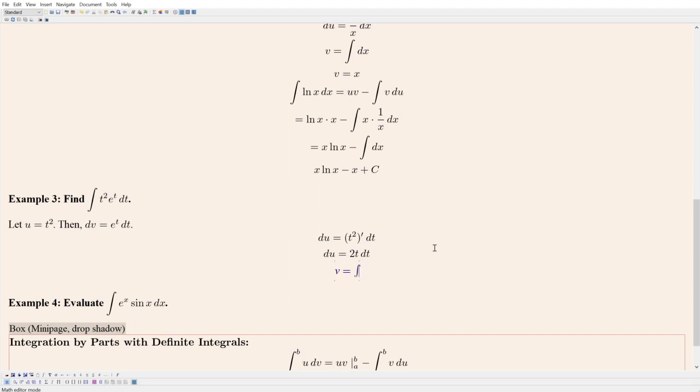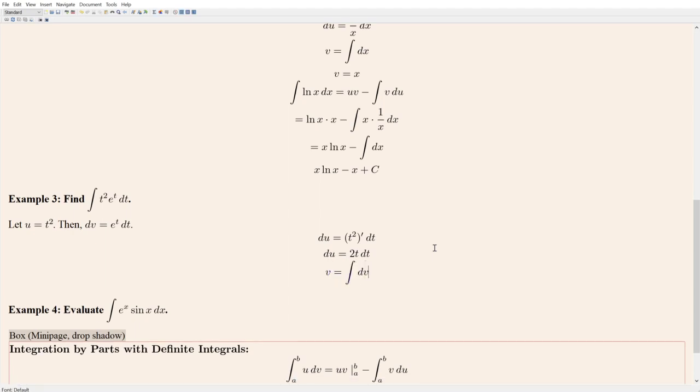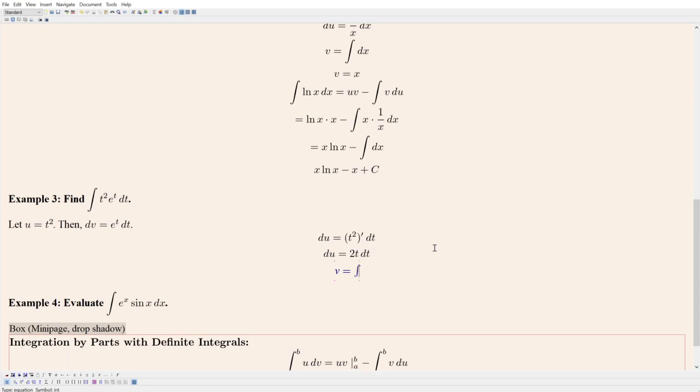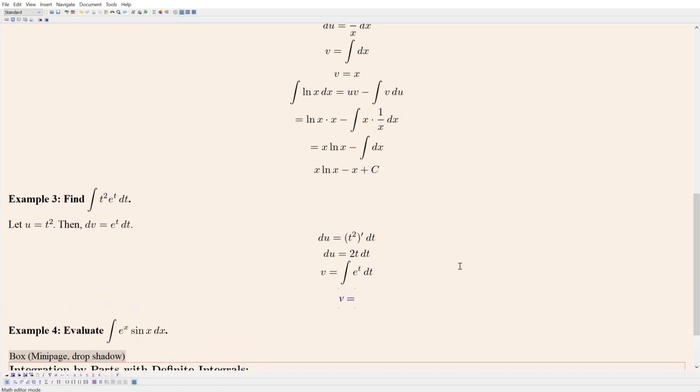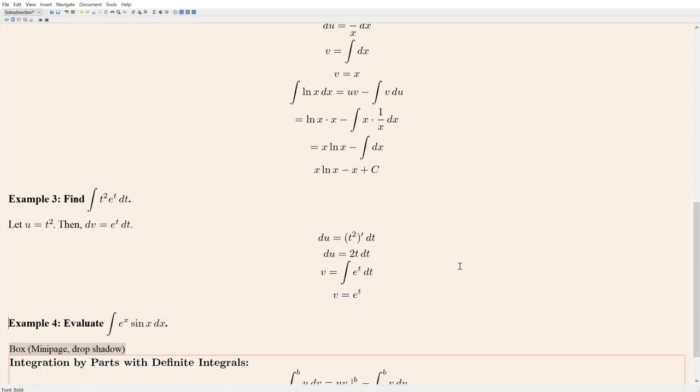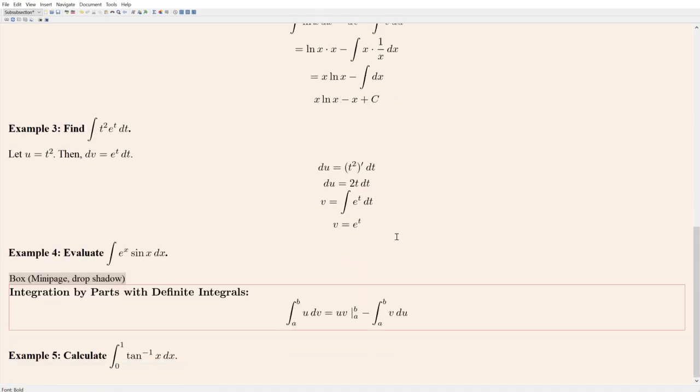V is the antiderivative of dv. So that is the antiderivative of e to the t dt. Well, that's just e to the t again. Remember, the exponential function base e had that property that it is unchanged under differentiation, and consequently, it's unchanged under anti-differentiation as well.